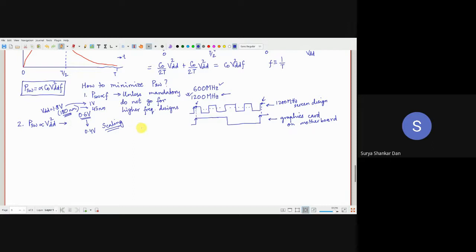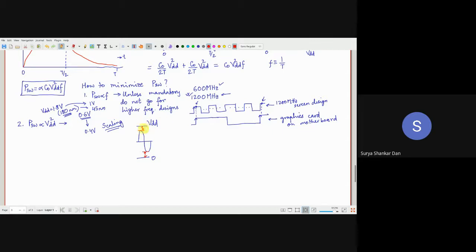Okay, what do we call headroom? Like if this is your VDD and 0, the amplification happens like this. This is called the headroom. The output swing, the technical term for it, is called the dynamic range. So if the dynamic range of that AC signal at the output increases, your headroom decreases.